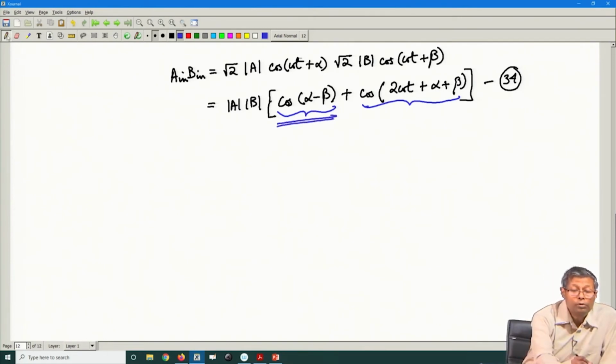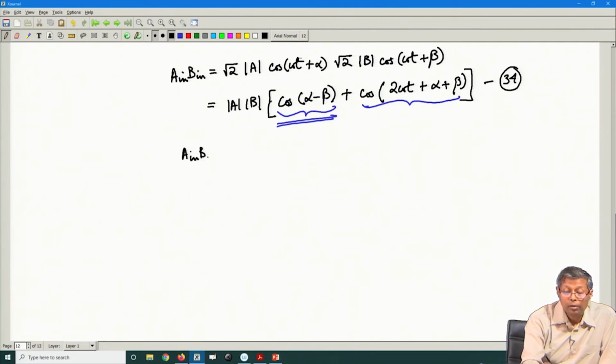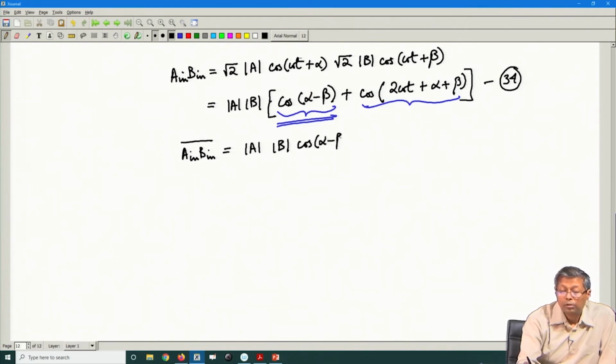So, therefore, the time average of A instantaneous B instantaneous will be equal to mod A mod B cos alpha minus beta. The contribution of the other term is going to be 0.